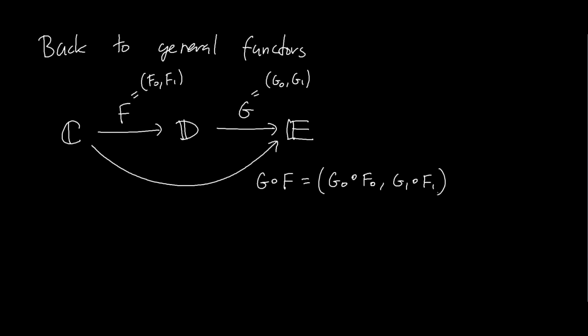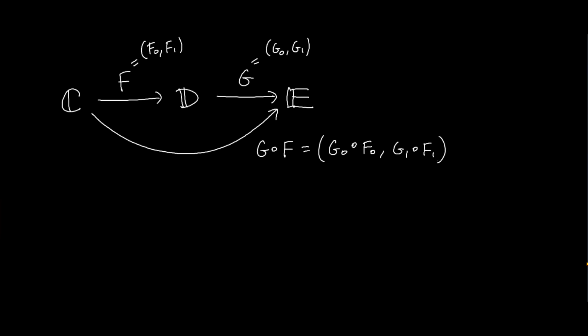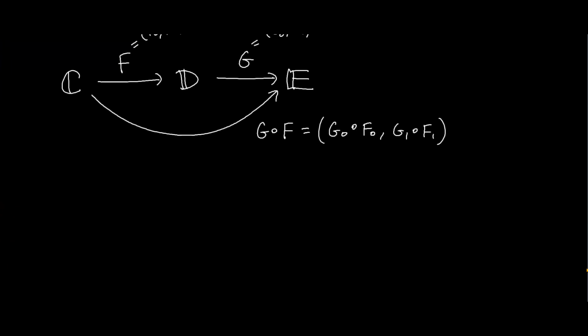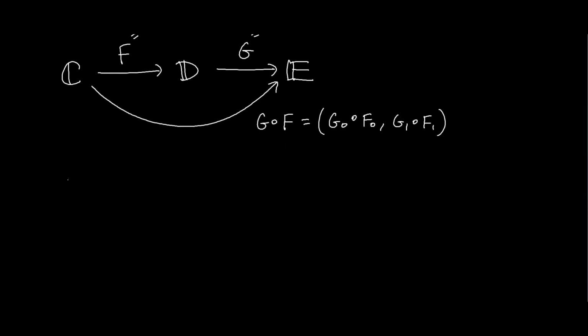But how do we know this is still a functor? We have to check that it's still a functor, and we will check that with diagrammatic arguments. I'm also slowly trying to get you used to working with diagrammatic arguments in category theory. We will use a bit of equations as well. So F being a functor can be represented by the following picture.